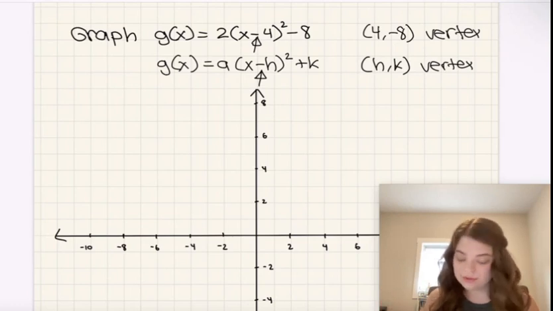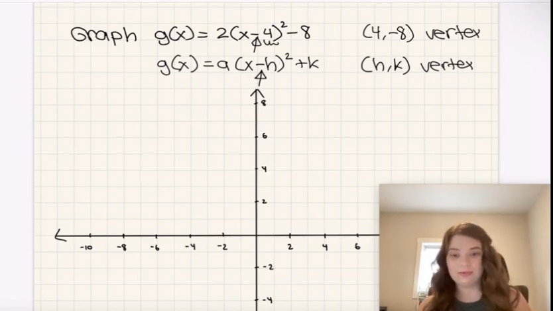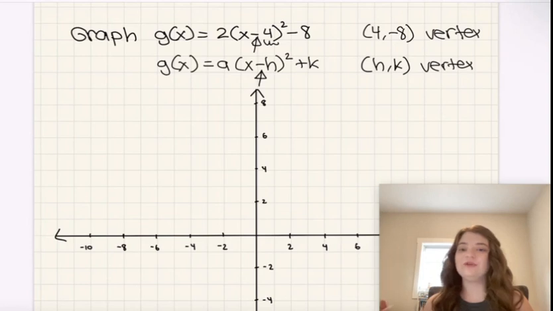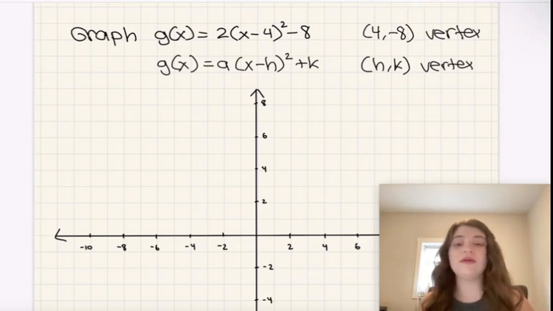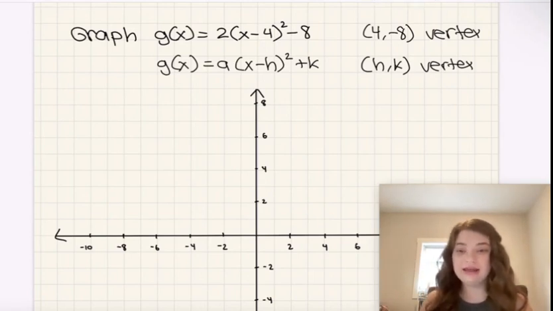The actual value of h is just the 4. The negative beside the 4 was already there previously. And so we always have to change the sign because it's x minus h squared rather than x plus h squared. Whereas the k value, on the other hand, since it says plus k, we keep the sign as is.